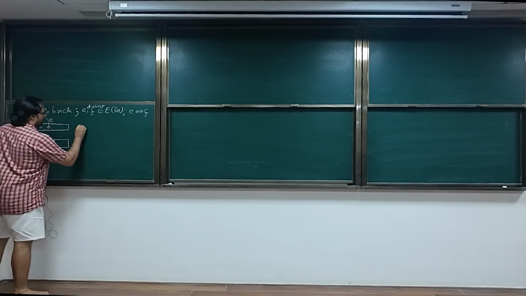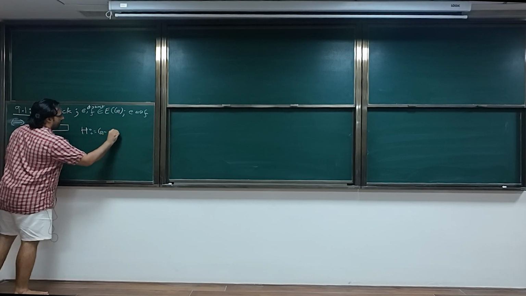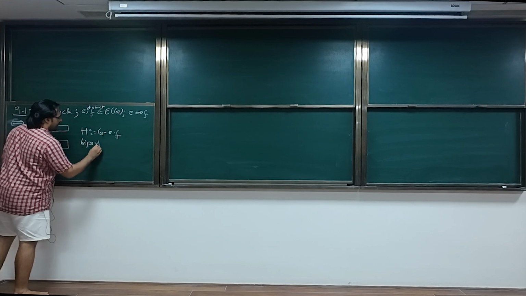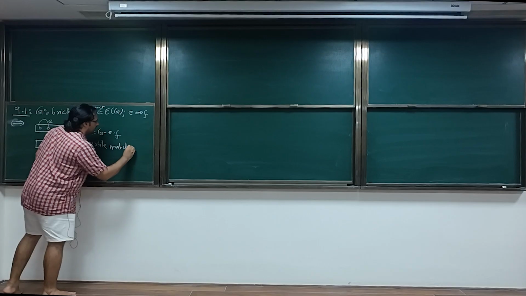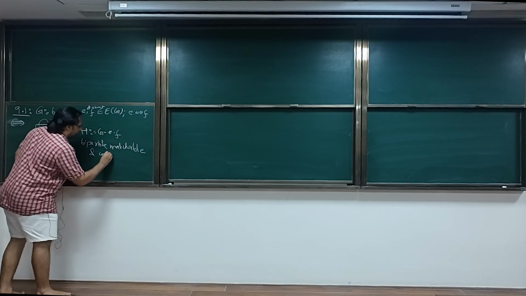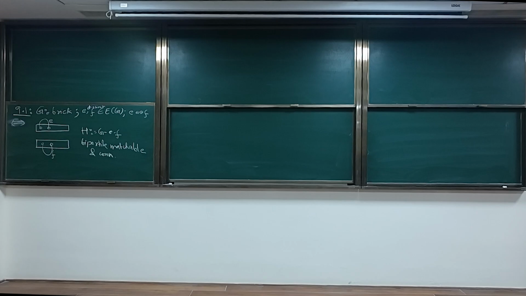So G minus E and F is bipartite, matchable, and of course connected, because I deleted two edges from a three connected graph, right? So this is what we have for mutual dependence in bricks, right?